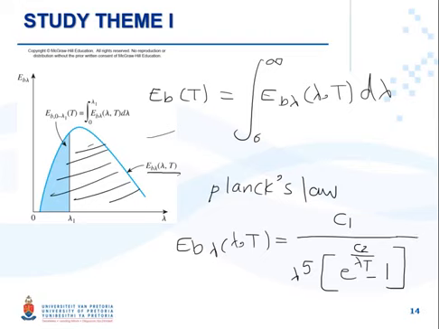Okay, so we have Planck's law, and at the same time we know that if we integrate the spectral blackbody emissive power for all the wavelengths, we will have the blackbody emissive power. Let's do this integral and see what we can get.